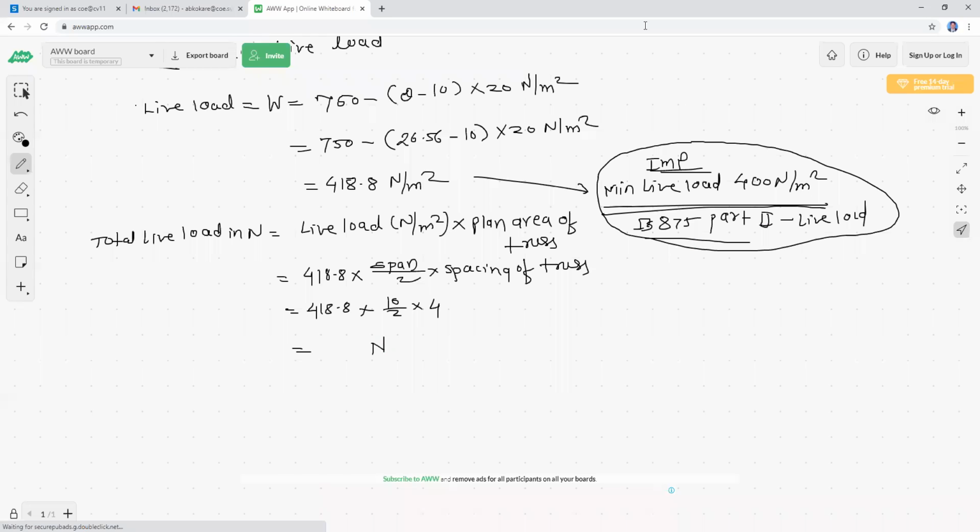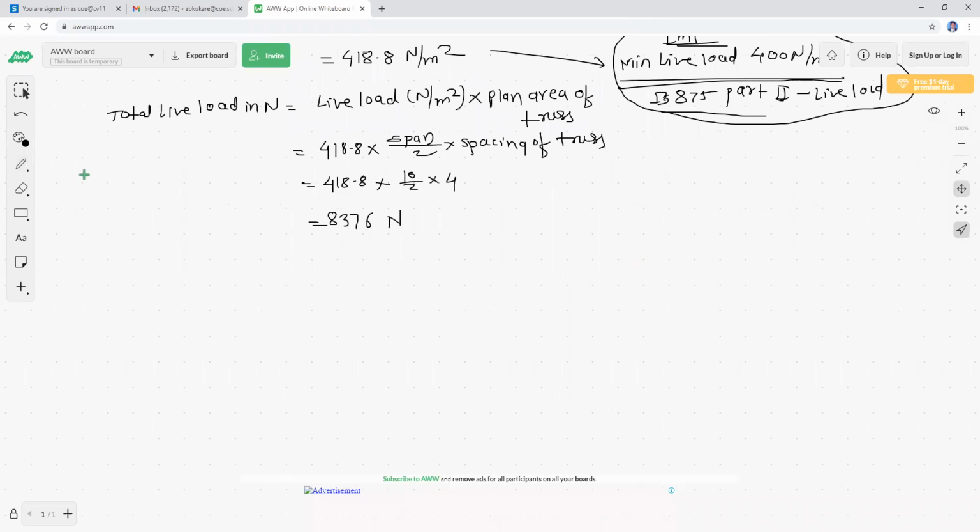How much calculation? 8376 Newton. Correct. 8376 Newton. This is the total live load coming on our roof truss.